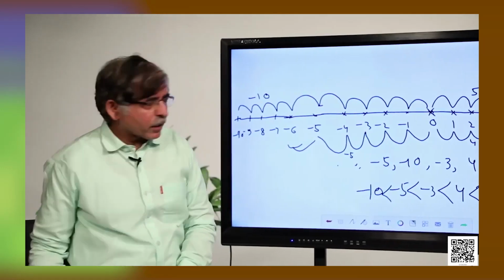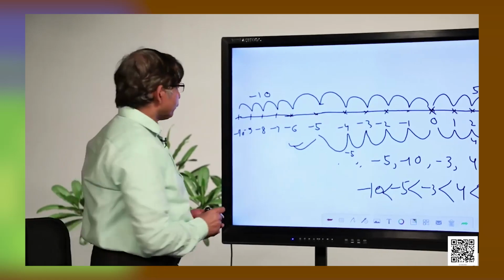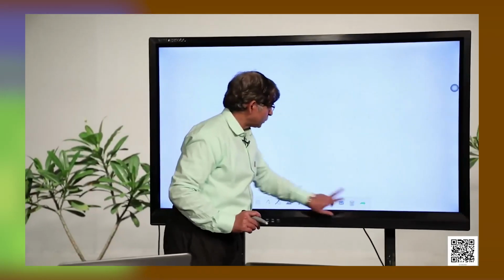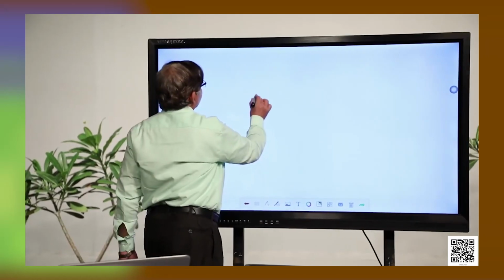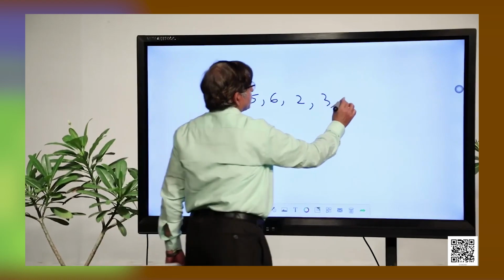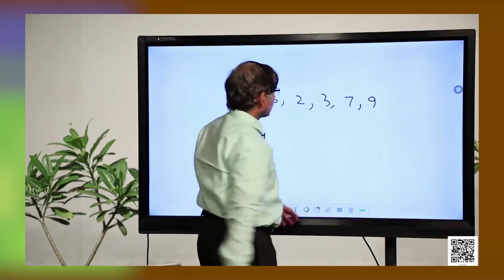Ascending order means, like we have a set of numbers, 5, 6, 2, 3, 7, 9.